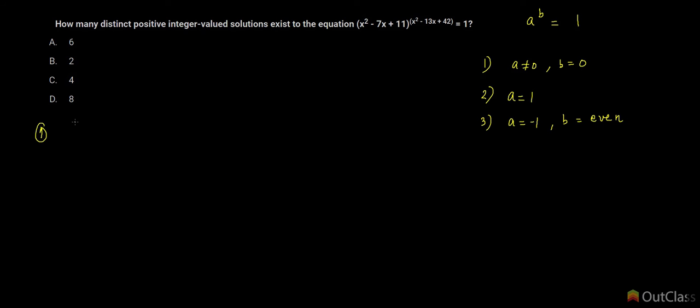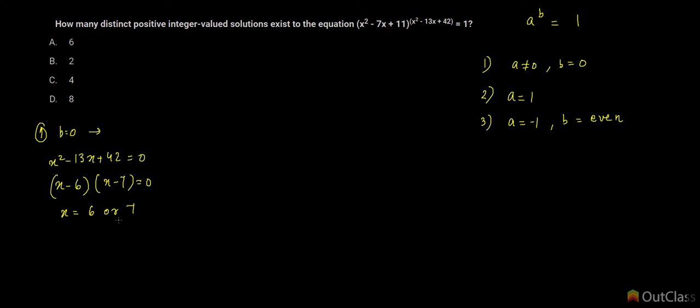Case 1, b equal to 0 is basically x square minus 13x plus 42 is equal to 0, which simplifies to x square minus 6x minus 7x plus 42. It's basically x minus 6 into x minus 7 equal to 0. X is 6 or 7.